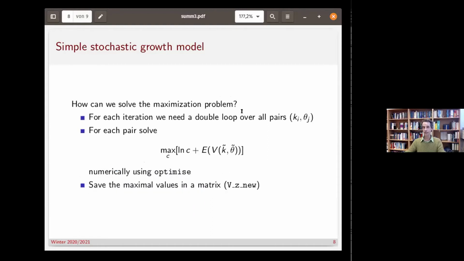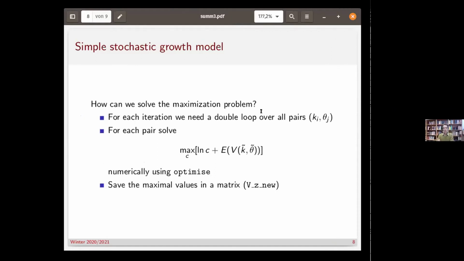All right, and then finally, the maximization problem. Well, what do we need here? We have to evaluate the value function at each pair of the grid points. So if we have 1,000 grid points in the capital stock dimension and 1,000 grid points in the technology level dimension, then in total we have 1 million pairs. And for each pair, we have to solve the maximization problem.